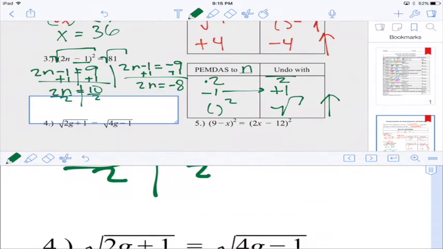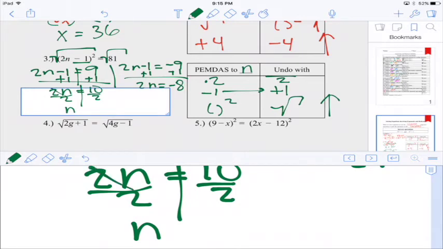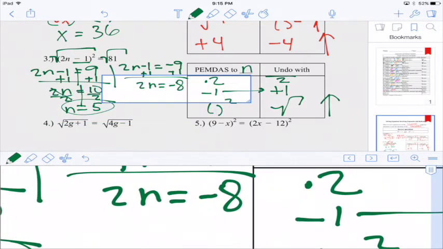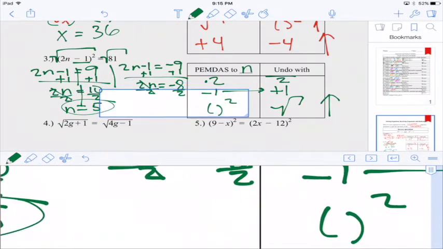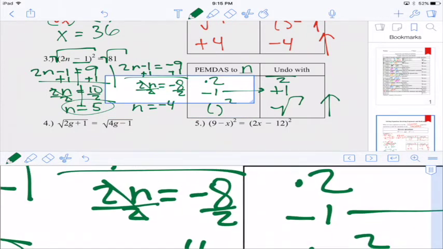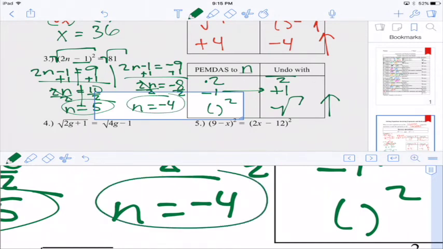And I get 1n, aka n, right? 2's cancel, give me 1. And 10 divided by 2 is 5. There's one answer. And I'm going to divide by 2 on both sides of this one because it's the same thing. I get 1n equals negative 4, right? Negative 8 divided by 2 is negative 4. So I got 2 answers for that one. You got to be careful. A lot of times you're going to get 2 answers.